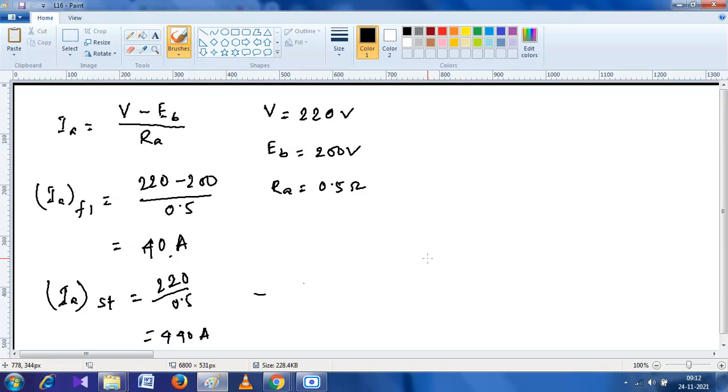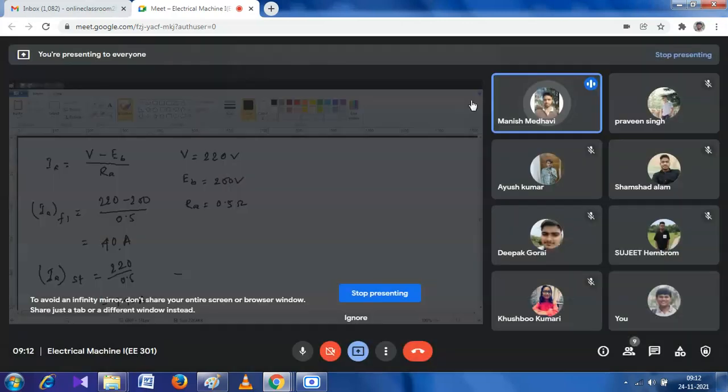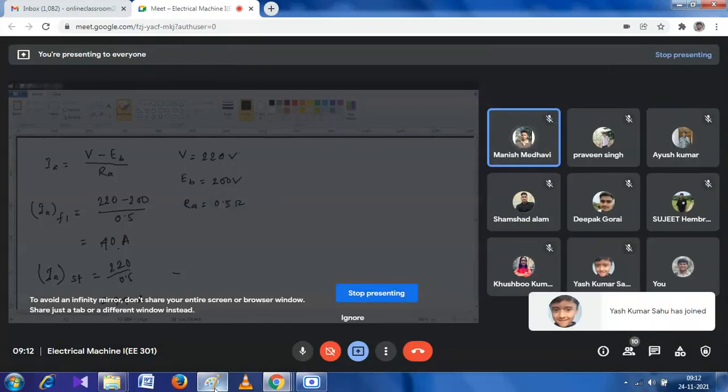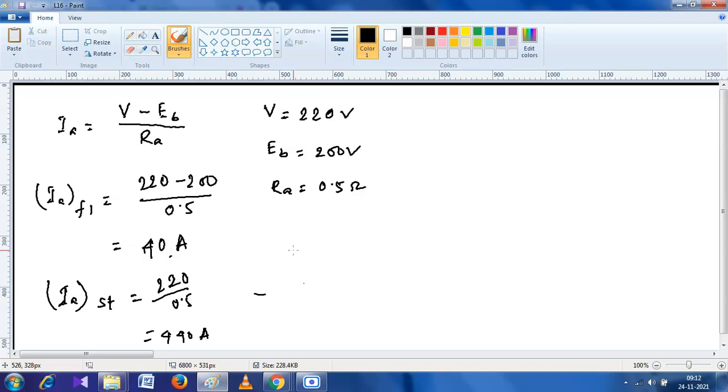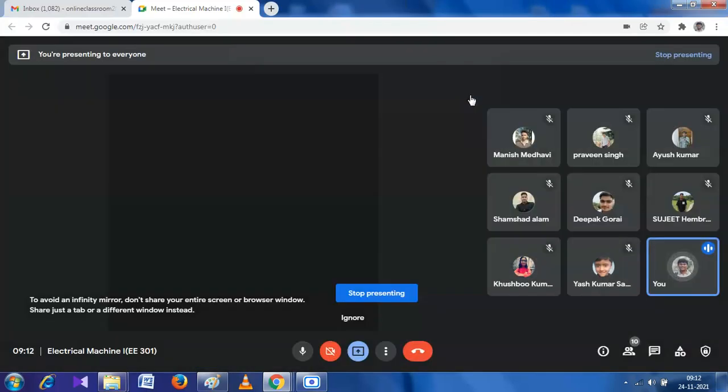Motor is in starting position, and we are flowing 440 ampere at the time of starting instead of the rated current of 40 ampere.